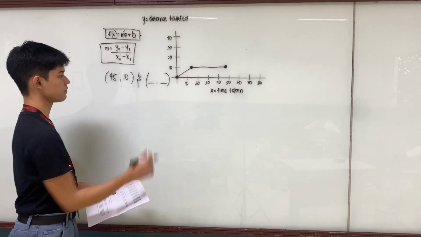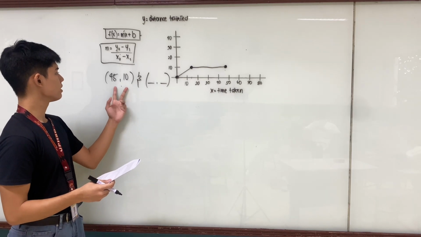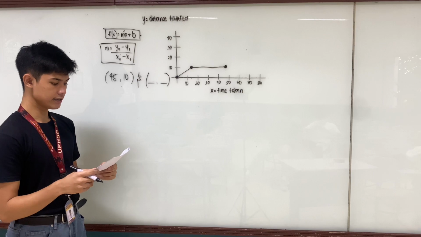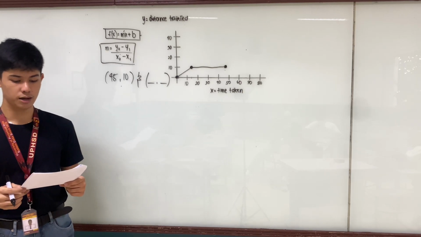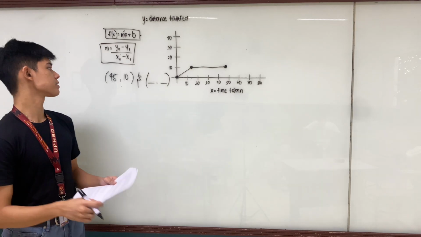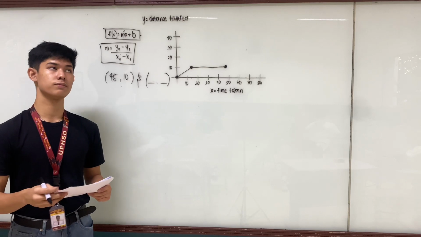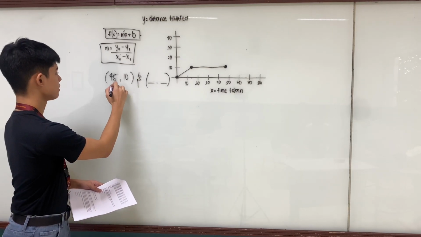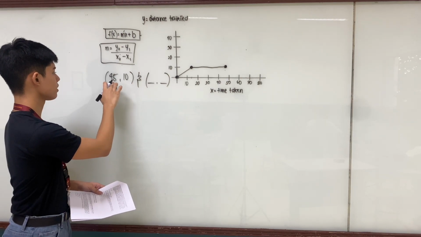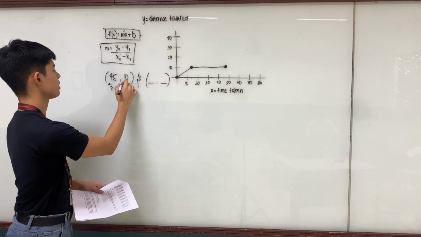So for the second set of values, we have to add values to our x and y. It says in our problem that from the restaurant, he drove for 18 kilometers in 20 minutes. So since he drove 18 kilometers in 20 minutes, you will be adding 20 minutes to our x value and 18 kilometers to our y value.